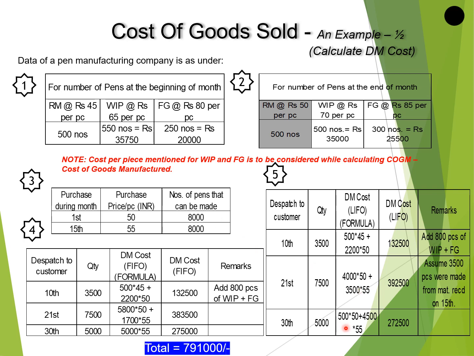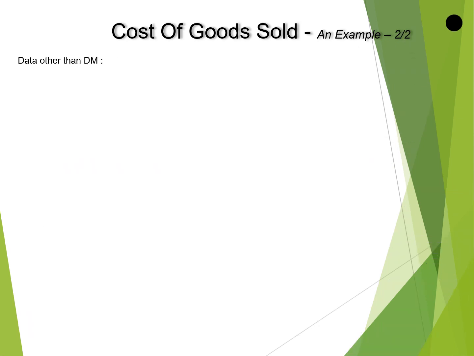So 500 into 50 plus 4,500 into 55, that is 2,72,500. So when we are calculating the direct material cost with LIFO, the cost is coming as 7,97,500.